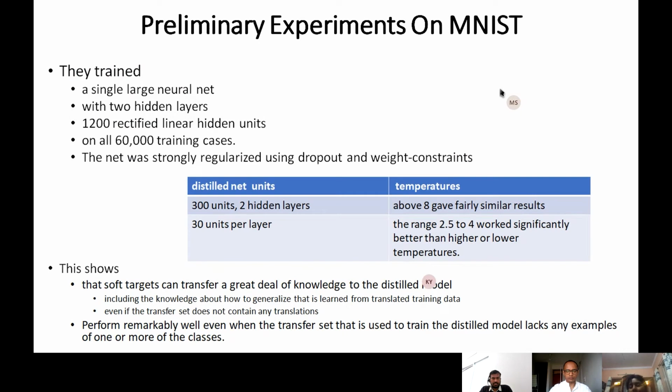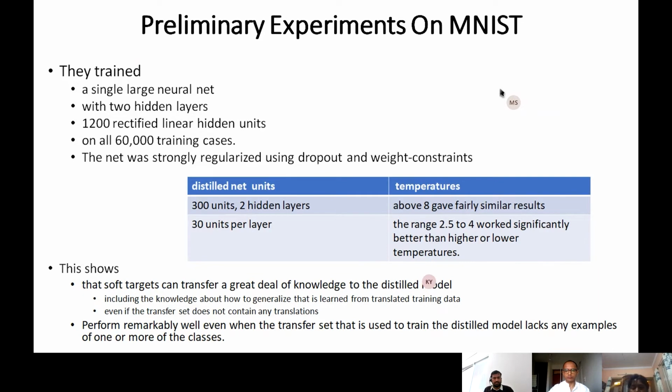They conducted experiments on three different data sets. One is on MNIST, the second is on the JFT data set, and the third is on a speech recognition data set. Here, it was 2 hidden layers with 1,200 hidden units. They were able to reduce that large network into 300 units with distilled nets, which is really good, isn't it?